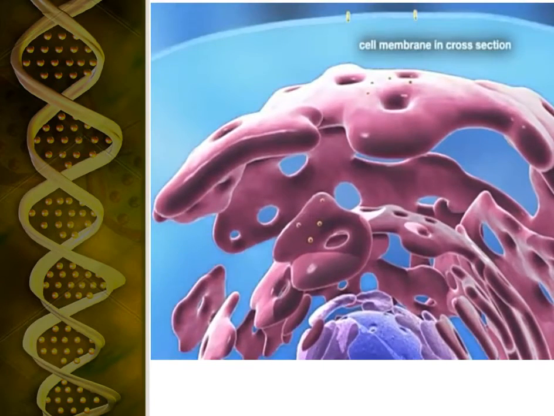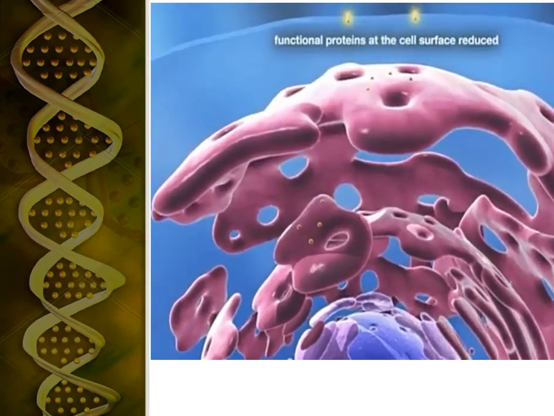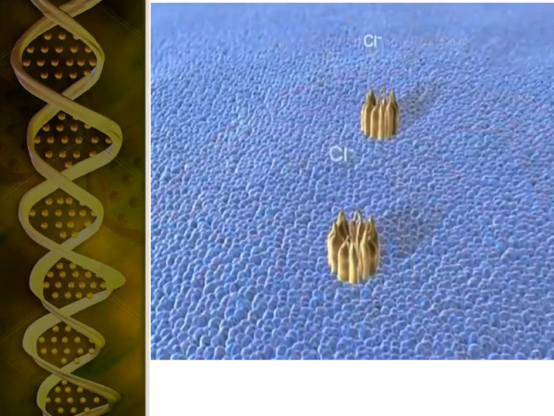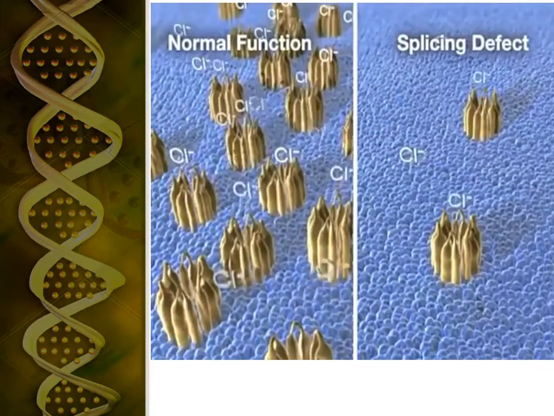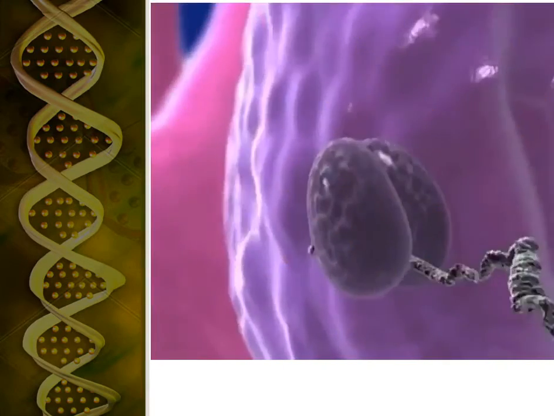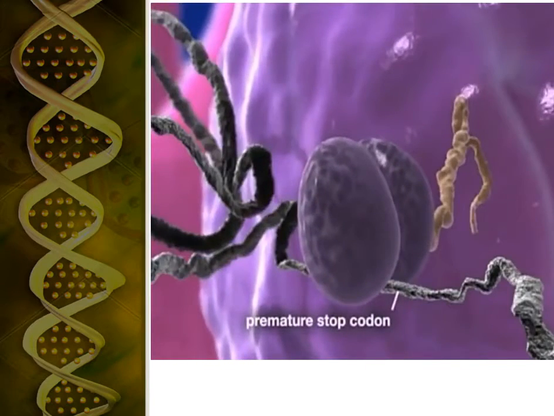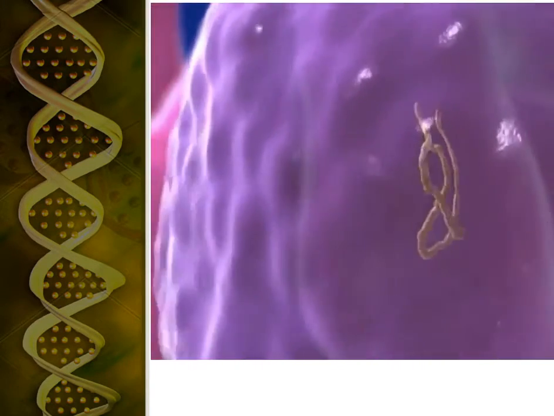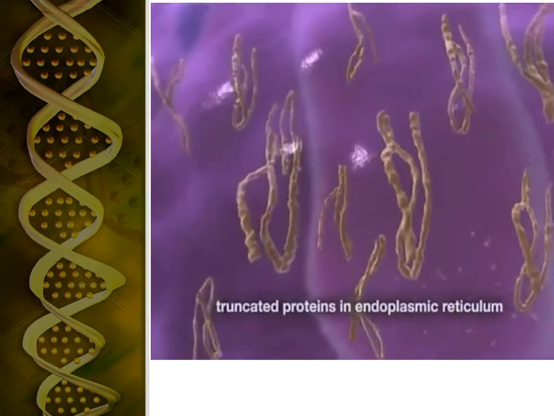Although some functional protein may be produced, the amount of CFTR at the cell surface is decreased in comparison to normal levels. Premature stop codon mutations prevent full translation of mRNA, resulting in truncated CFTR, which is not functional and never reaches the cell surface.